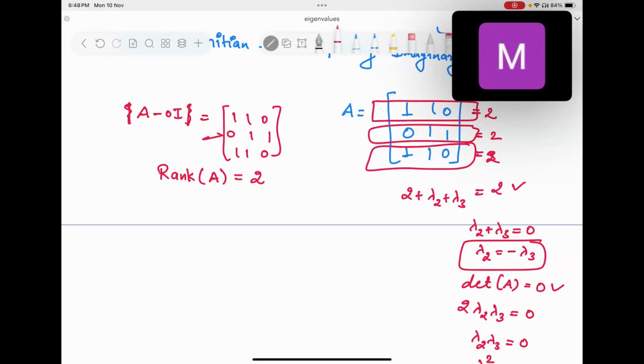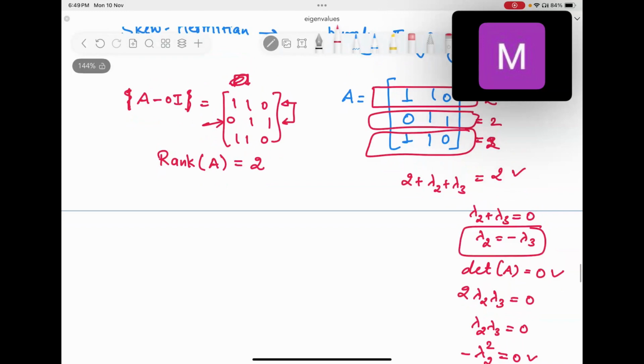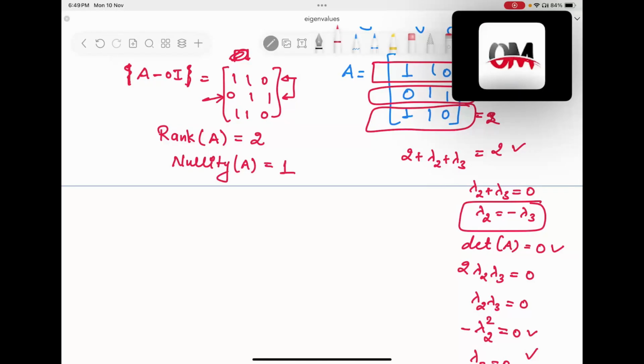Since you have these two linearly independent rows, the rank is 2. So in this case the nullity is 1, by the rank-nullity theorem.